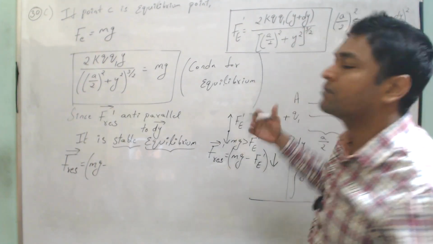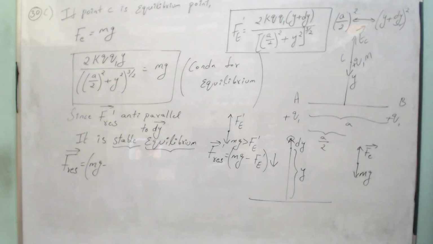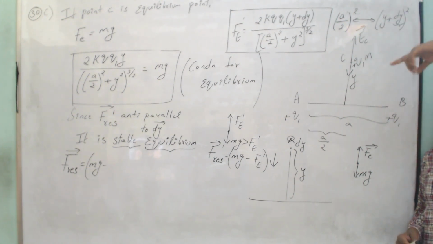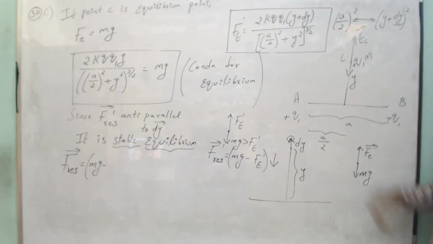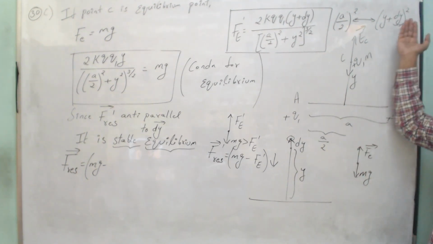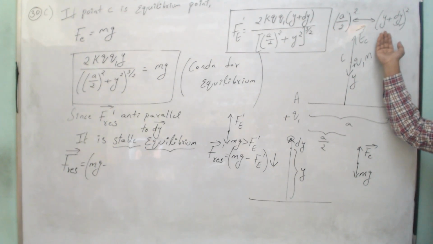We will come across this situation. We can use binomial expansion, and we can do this as a plus b whole square, right? So we will get a square plus 2ab plus b square. And that way also we can figure out the same thing, that dy is way less compared to y square.